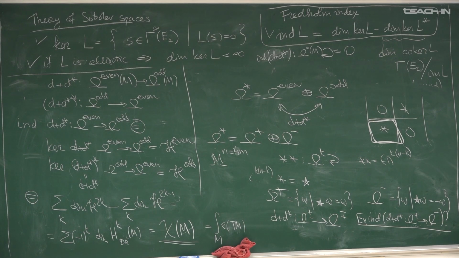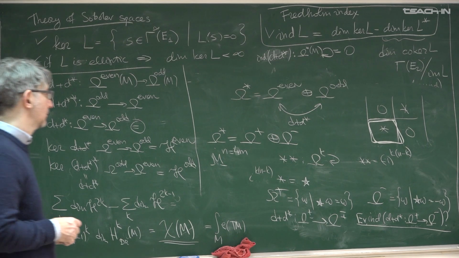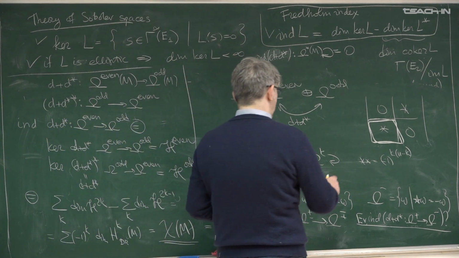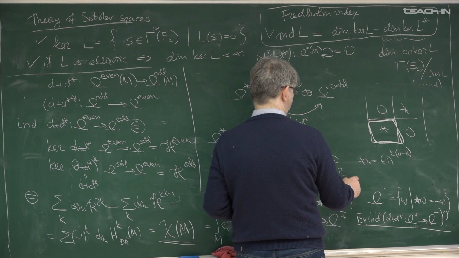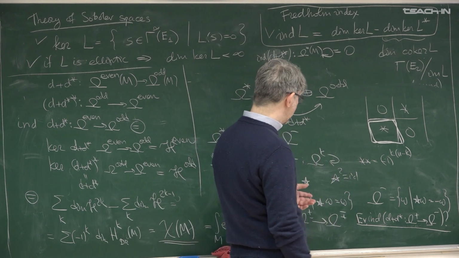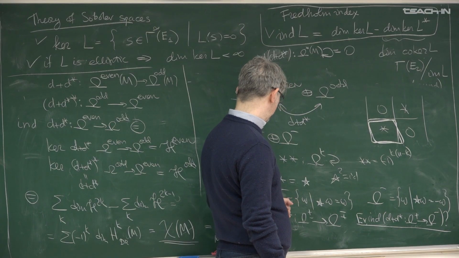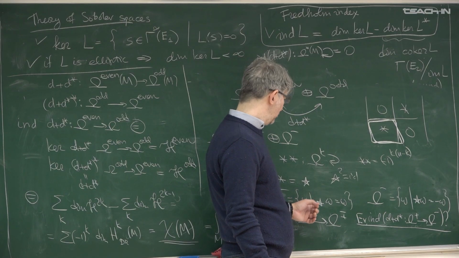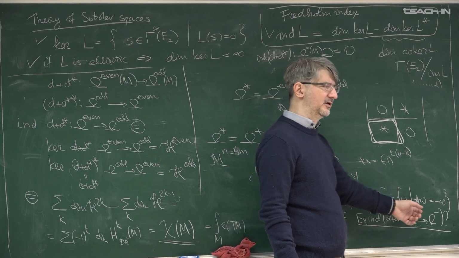Okay. What we're doing further. The whole space of forms is decomposed as the sum because this star operator is an involution. Star squared is identity. Actually, in this case, you can say it is an eigenvector.